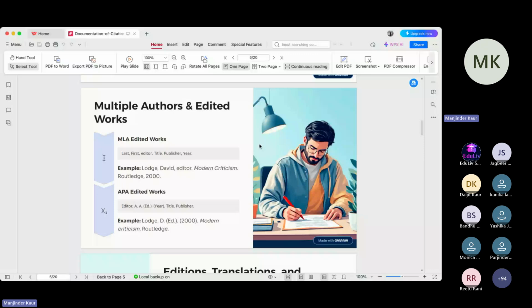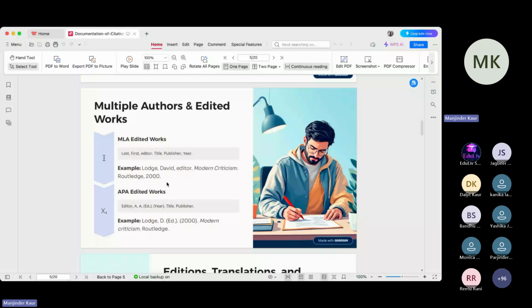For example, Lodge, David, surname followed by name, Lodge, comma, David, comma, editor, after that a period. Now the name of the book, Modern Criticism, in italics, period. After that, Routledge, the publishing house, followed by the year of publication, right? There is a comma between the publishing house and the year of publication. This is as per MLA.